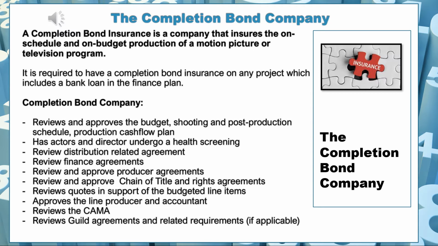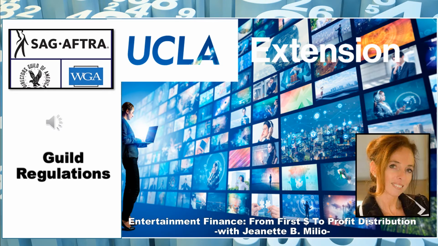The bond company also reviews the collection agent management agreement, and it reviews any guild agreements and related requirements if there are any applicable. Let's look at some guild regulations. These obviously only occur for film or television projects that are shot in the US and are subject to a union.